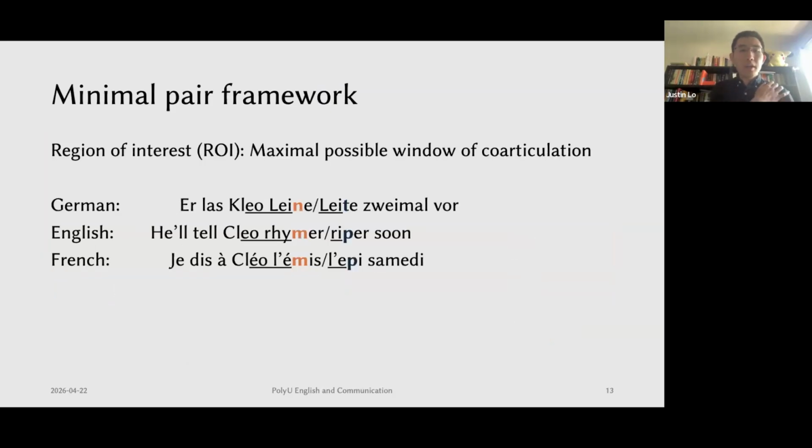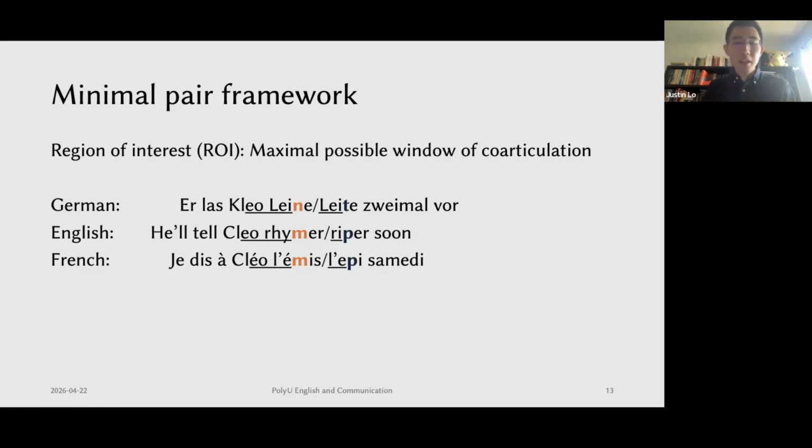So we work within a minimal pair framework where we compared the maximal possible window of co-articulation in each of these languages. Basically, we designed a phrase, and you can see the second phrase for English, "he'll tell Cleo rhymer soon" or "he'll tell Cleo riper soon."